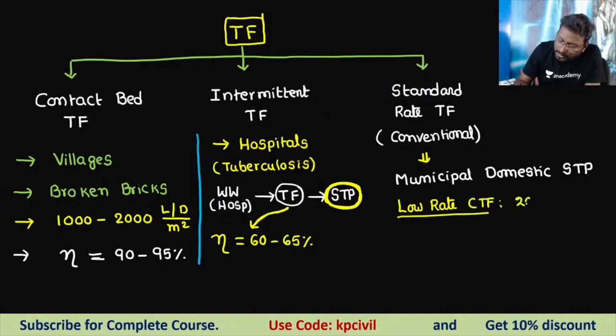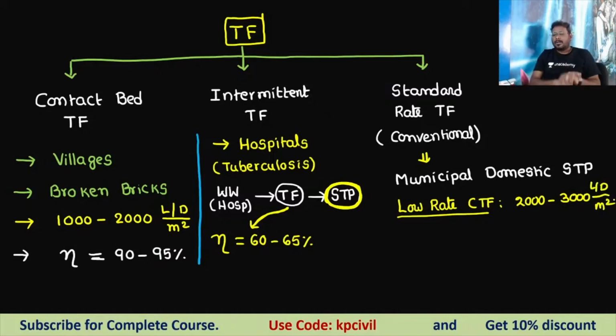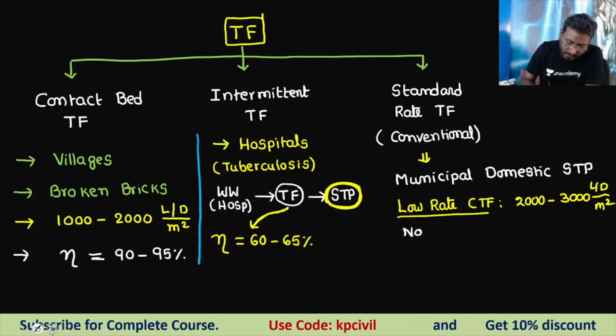with 2000 to 3000 liter per day per meter square rate of filtration. Here no recirculation is carried out.